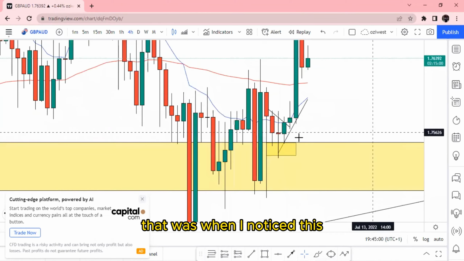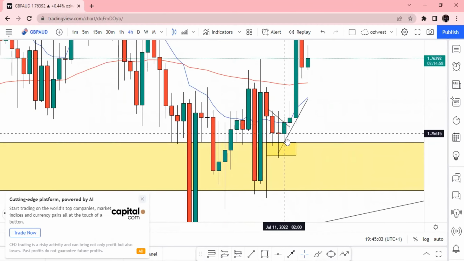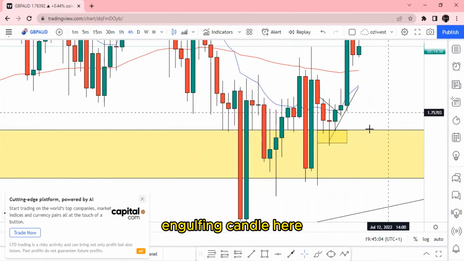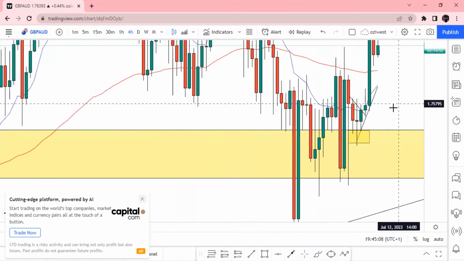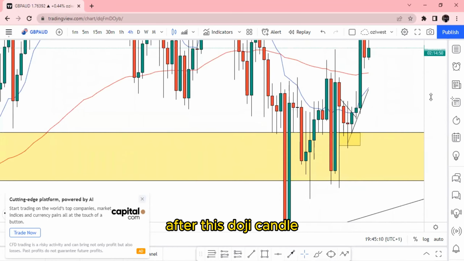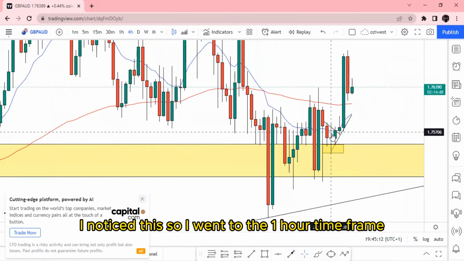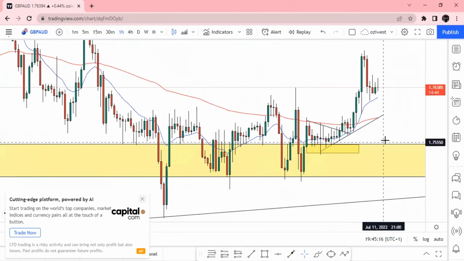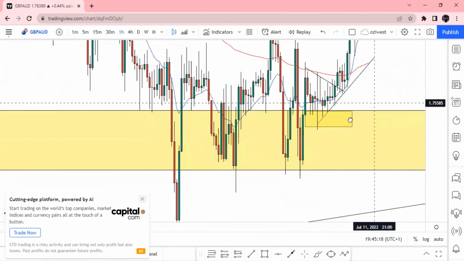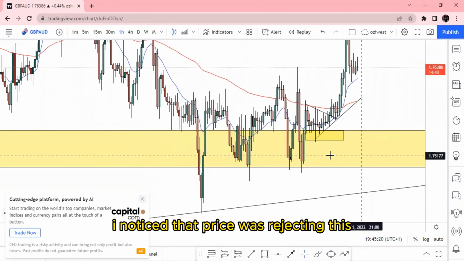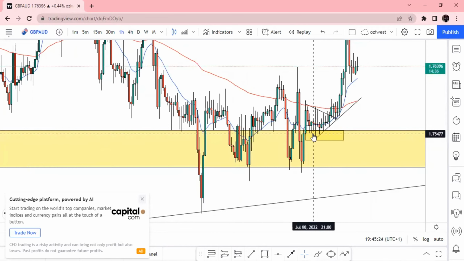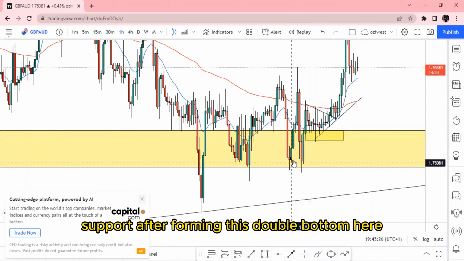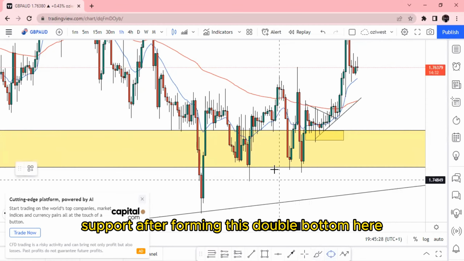That was when I noticed this engulfing candle here, after this doji candle. I noticed this, so I went to the 1-hour time frame. On the 1-hour time frame, I noticed that price was rejecting this support after forming this double bottom here.